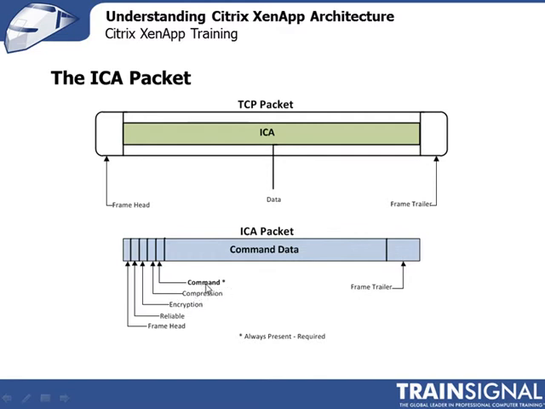Now you'll notice I have command in bold and I have a star next to it, because out of all of these components, command is the only one that is always required. It always has to be there in order for the ICA packet to exist. Now you also have the command data, and you have the frame trailer. So this is what constitutes the ICA packets. All other frames are optional with the exception of the command.